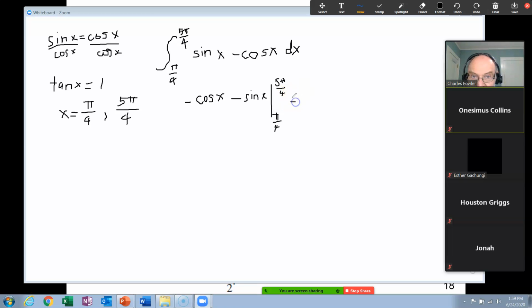So that's going to be minus the cosine of 5/4 pi, minus the sine of 5/4 pi. I think I said 5/4 pi and wrote down pi fourths.